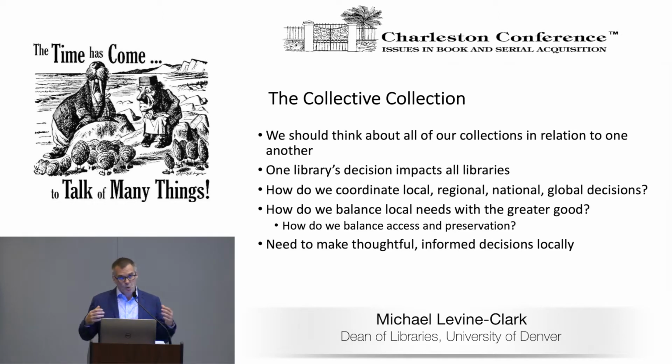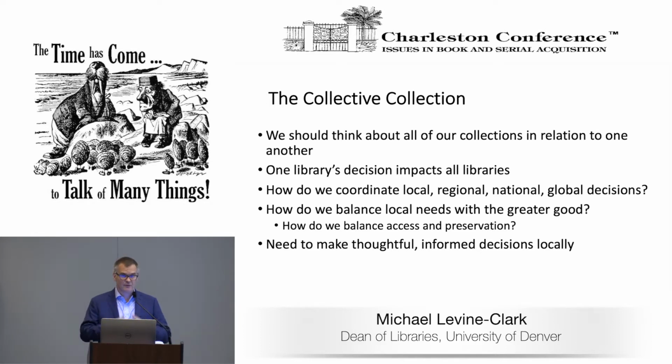So as we think about that, it's really important to think about our collections in relationship to one another. We don't want to inadvertently discard a last copy. We don't want to do something at the local level that negatively impacts the network level. And so how do we coordinate local decisions with regional decisions?